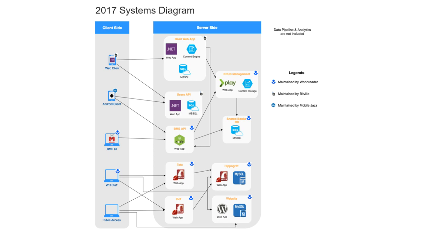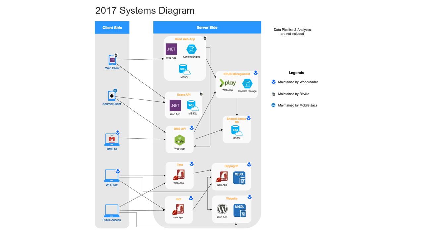Then we have the Android client that accesses directly through the user API and then through the BMS API. BMS API is what we call Book Management System. That is an API that handles all the actual books and all the files.